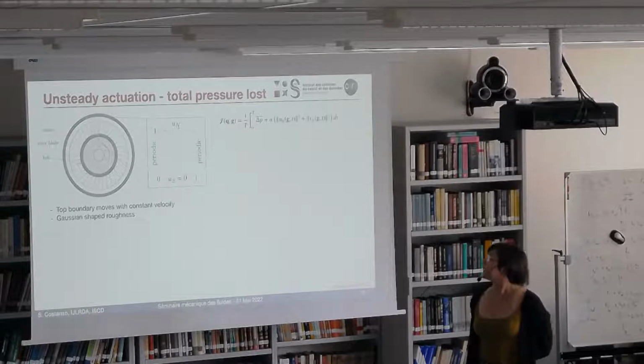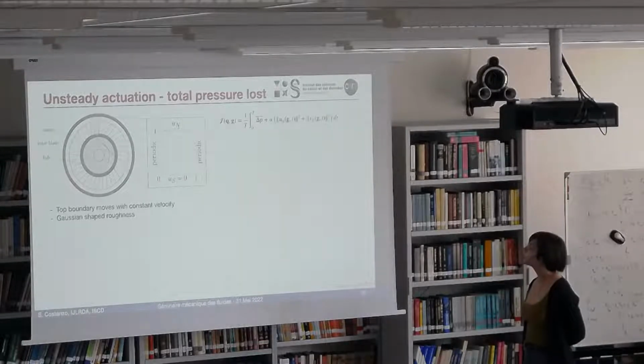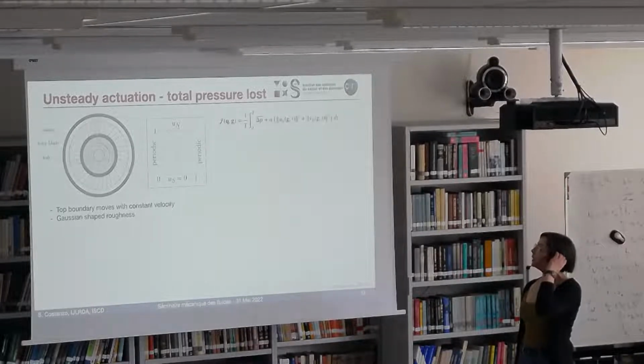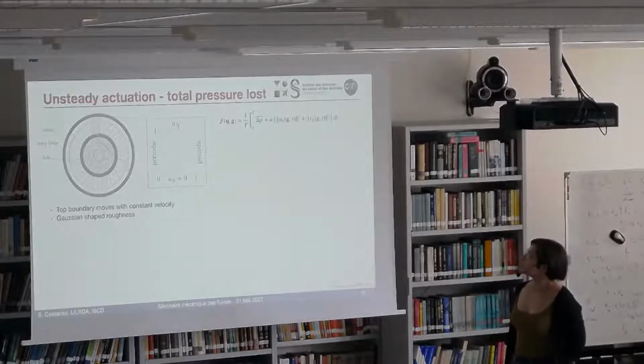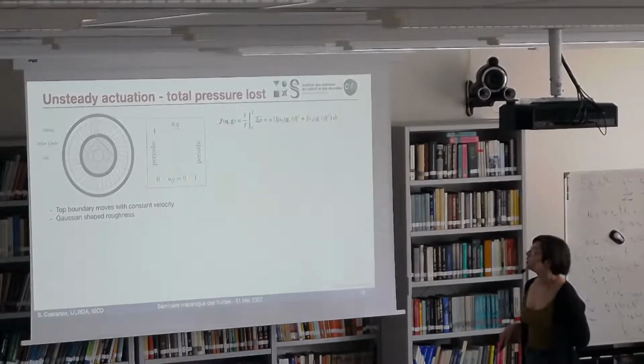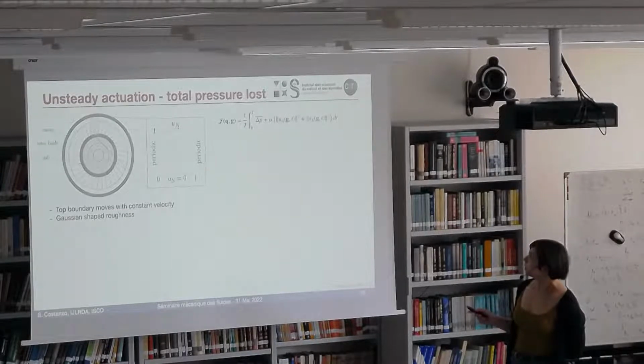When we work with unsteady actuation, the situation changes a little bit because now my control depends on time. So we built a toy problem for this. We are trying to simulate what happens in a stage of an axial compressor. It's very simplified. We take a channel with periodic boundary conditions, and we use an immersed boundary to build a wall.